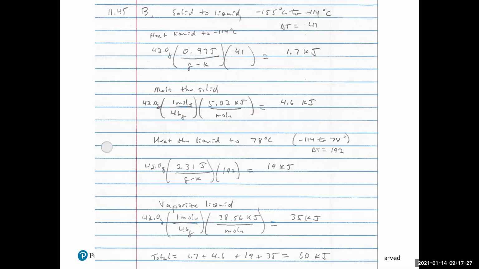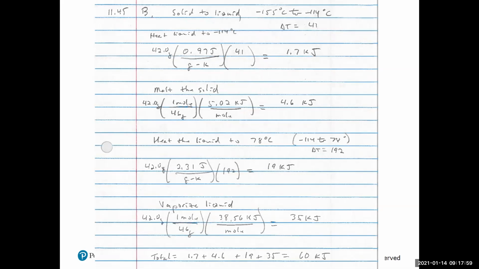Now we've gotten our second heat calculation. Remember, we're going through that stepwise process, like on that step chart that we had. Now we need to heat the liquid up to 78 degrees. So in that case, our delta T is 192. We have 192, using 2.31 joules per gram Kelvin as the constant for this transition, and we get a value of 19 kilojoules.